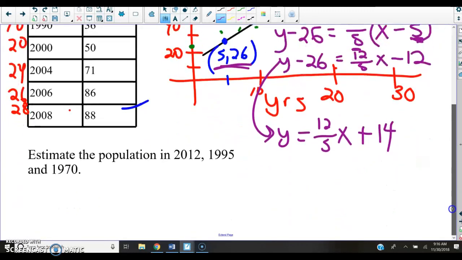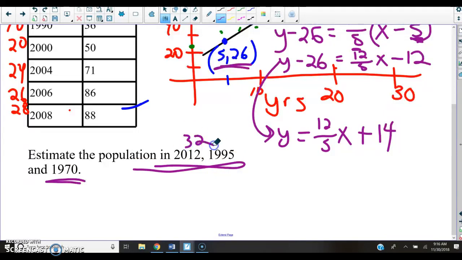Okay. Now we can use that to estimate these others, and I already showed you how to do that. So this is 32 years after the event. This would be 15. This would be negative 10. Okay, so you could put those in and see what happens.